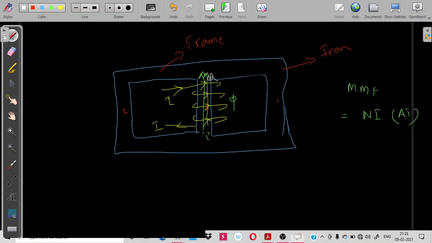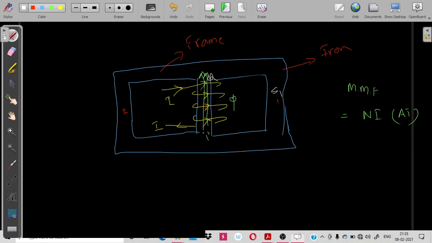Suppose I have this reluctance, that is opposition, offered by the limbs and the frame. All these are different. Here we have S1, the reluctance offered by this path.